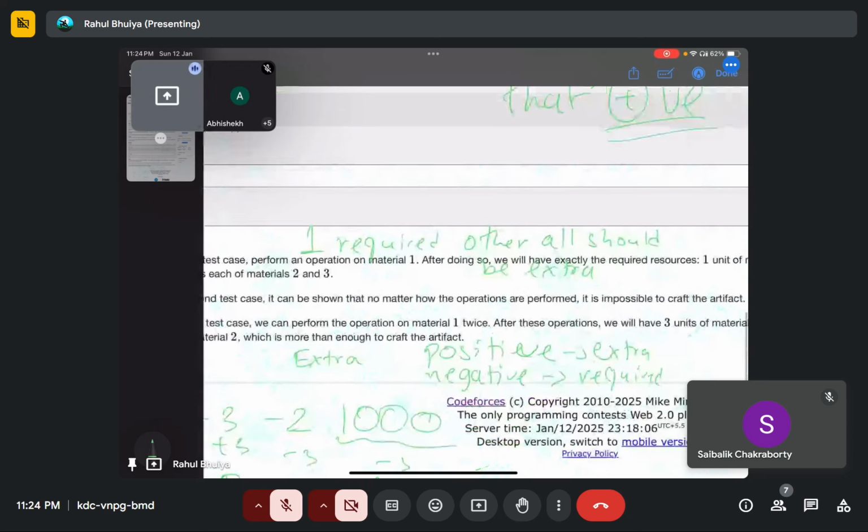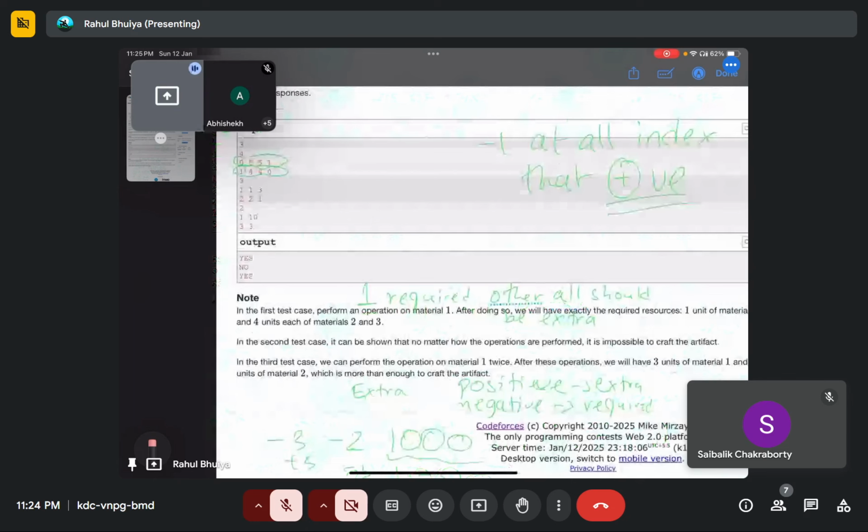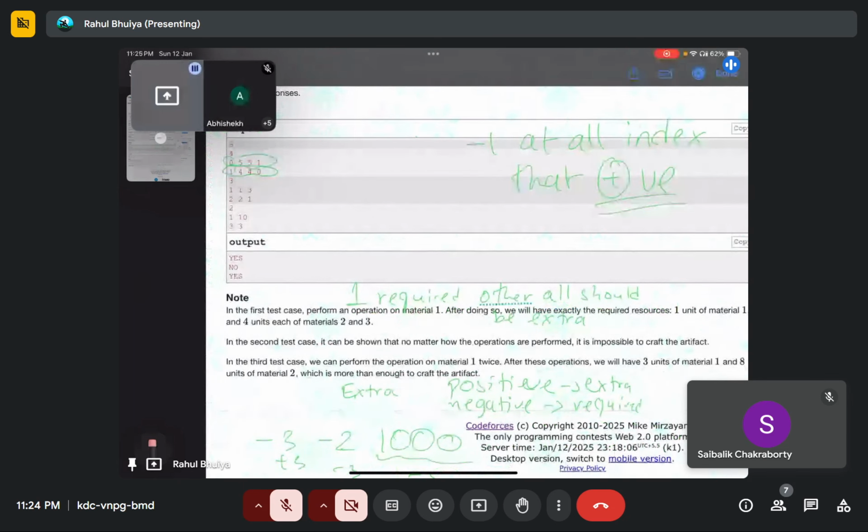Because if one is required, it means two are required. So one I will do minus, then again that will be less. Then again I will do minus, then that will be less. It will keep moving on, and they will never form a solution. So one is required and all others should be extra.